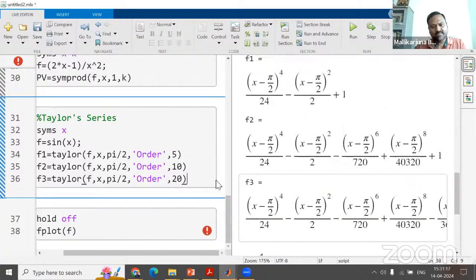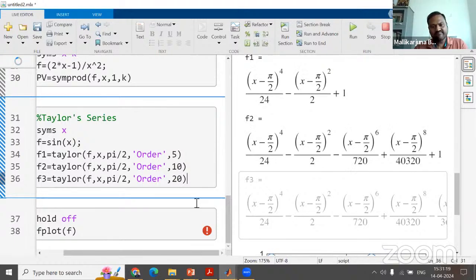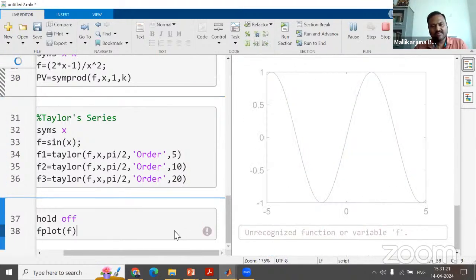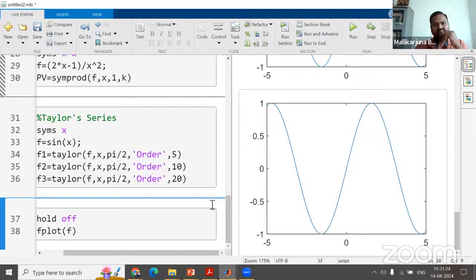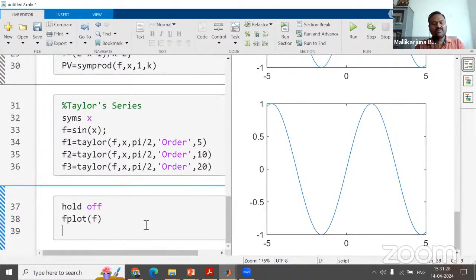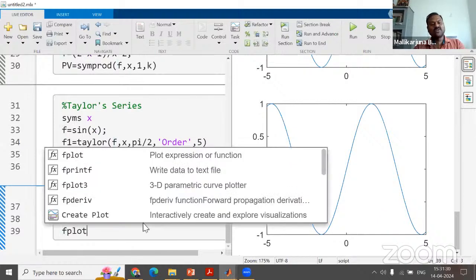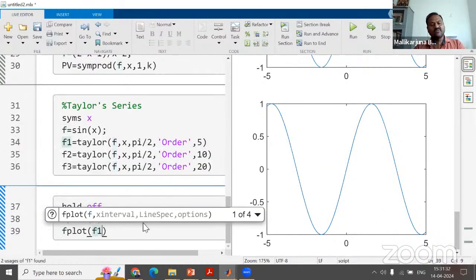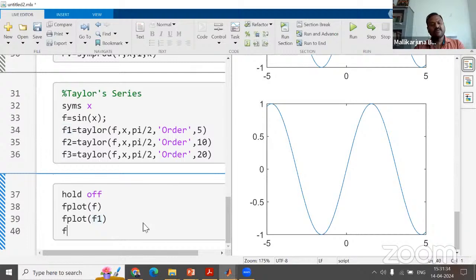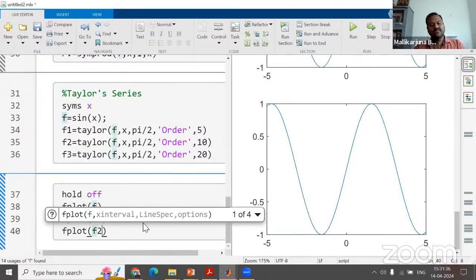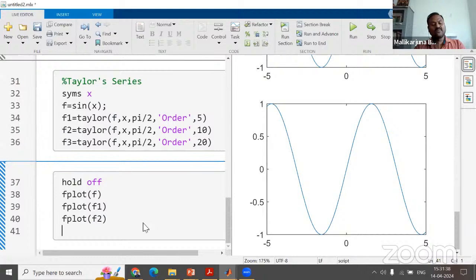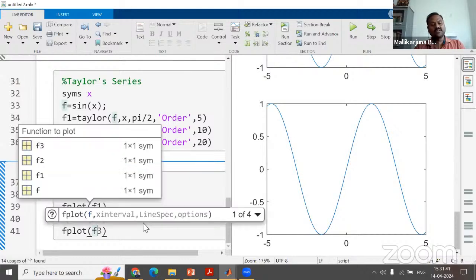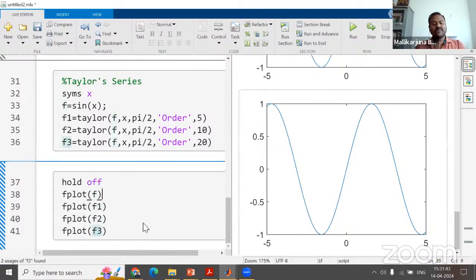So first let me execute this. Function plot of f. Now, next what we do? Function plot of f1. Function plot of f2. Function plot of f3. You give the different colors.